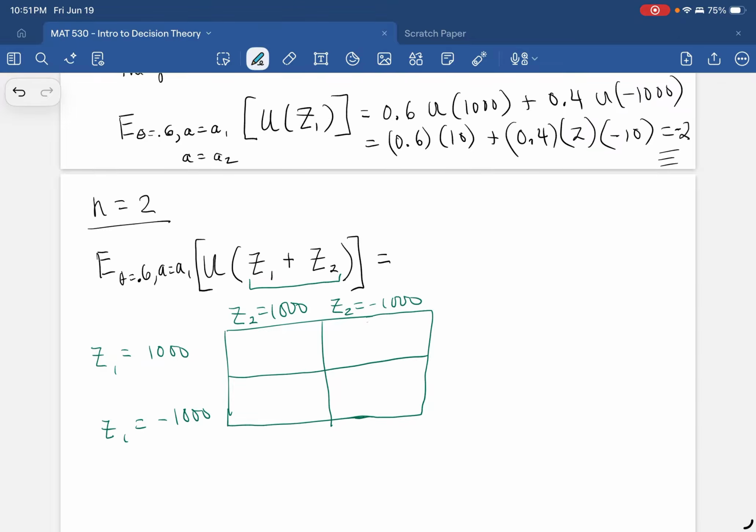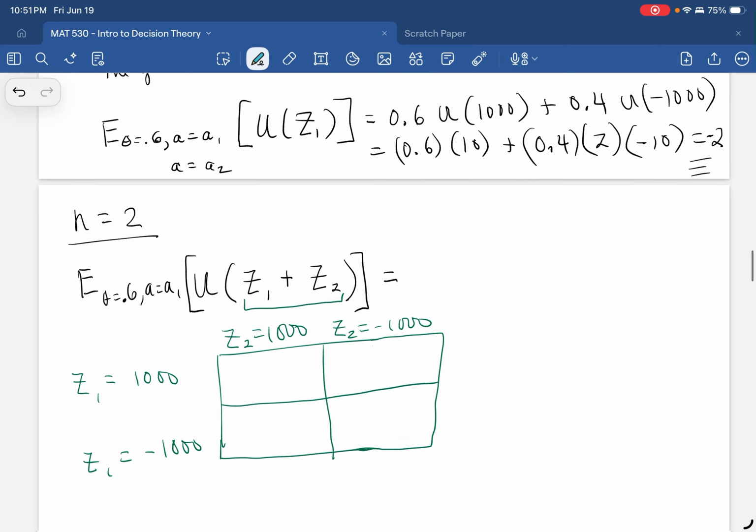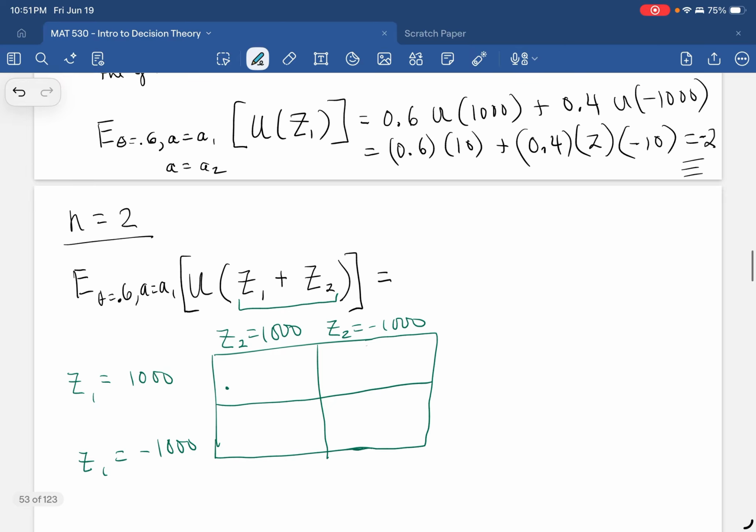Well, remember that these are independent random variables. So if we win both times, that's going to occur with probability 0.6 squared, which is 0.36.